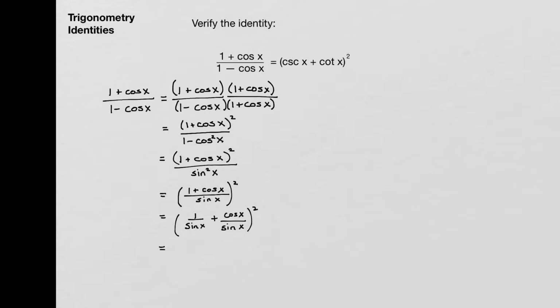So you can't skip steps in a proof of an identity. And then we have 1 over sine x, which is cosecant x, plus cosine over sine gives me cotangent of x, and that's squared. And now we are at the end of our proof.